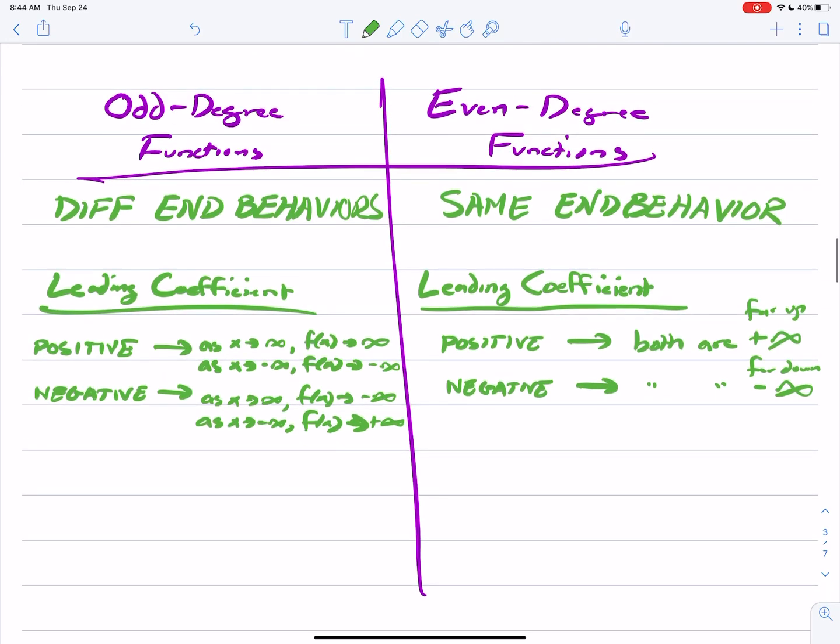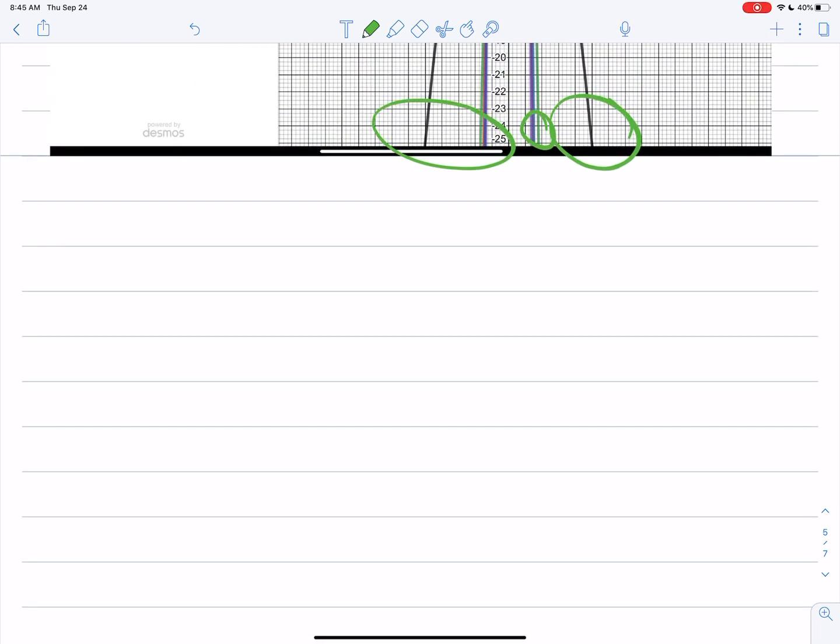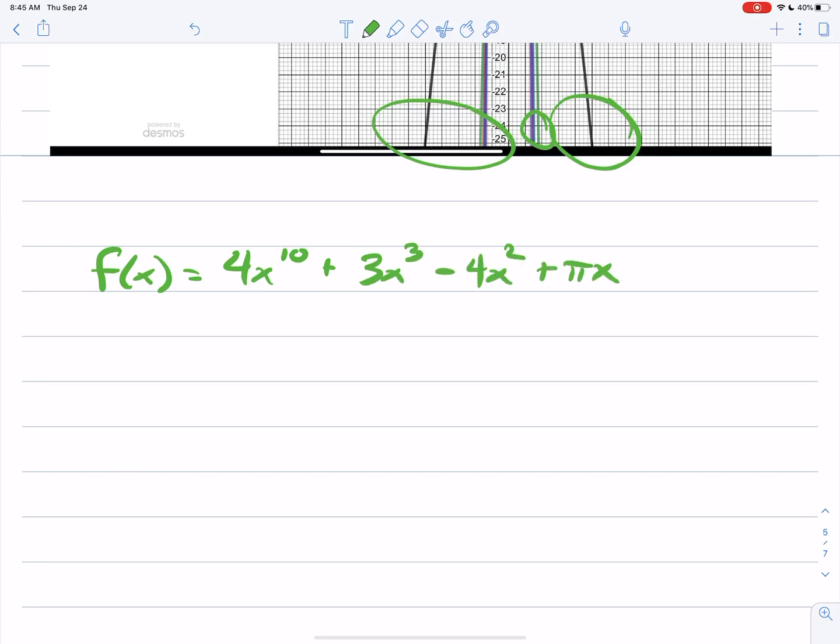Okay, so here's where I'm going to leave you guys, okay? If I gave you something like this, f of x equals 4x to the 10th power plus 3x cubed minus 4x squared plus pi x minus 14.2. Okay?